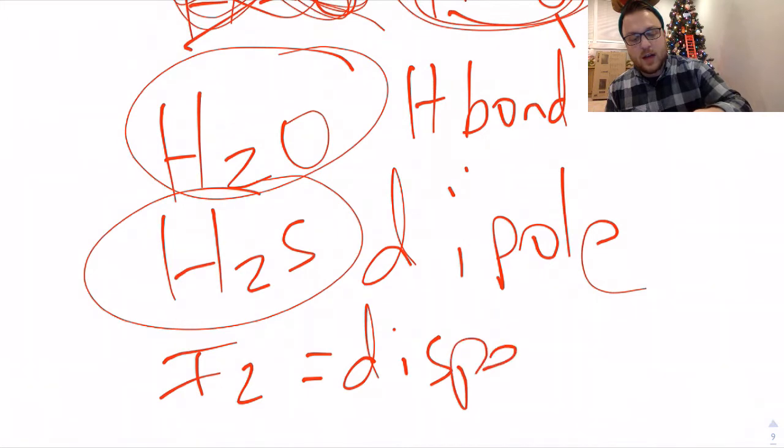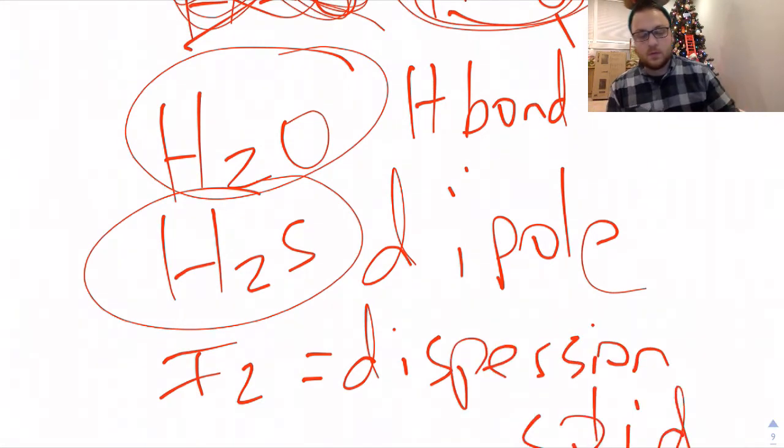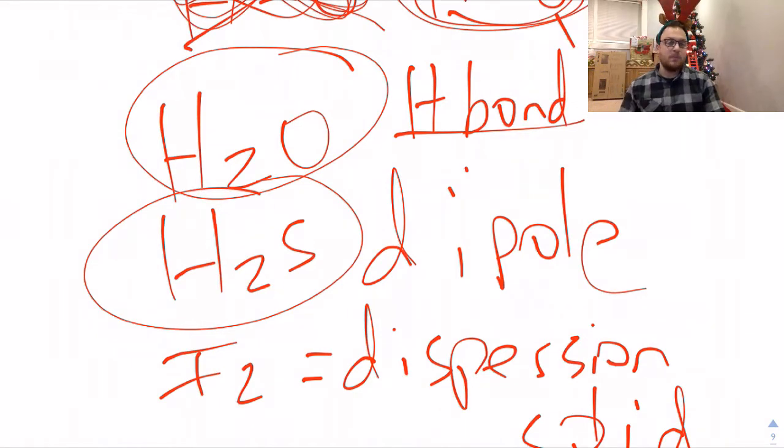Since it's a solid, that means the dispersion force in I2 is extremely strong, even stronger than the hydrogen bond in water, because at room temperature, water is a liquid. So we can't just say dipole is moderately strong, hydrogen bonding is the strongest, and dispersion is the weakest. It doesn't work like that.